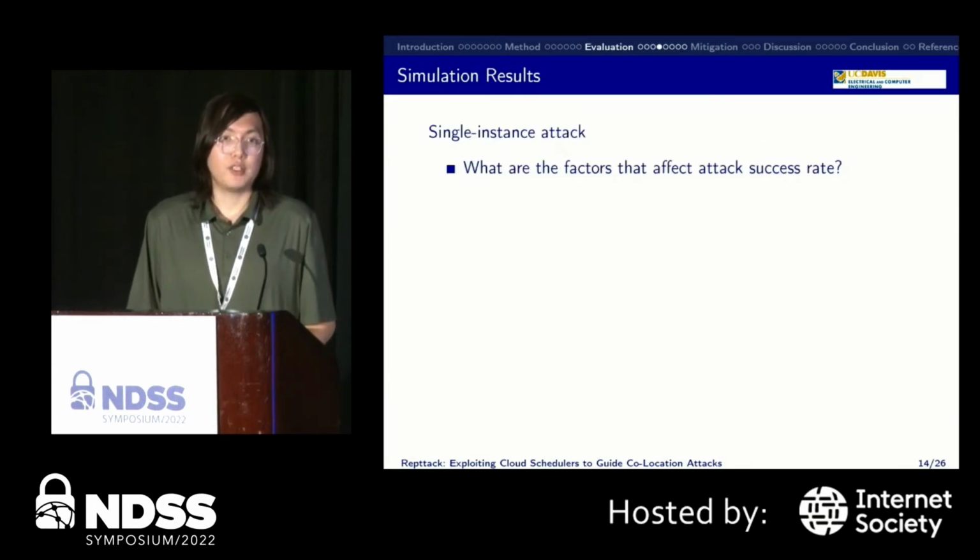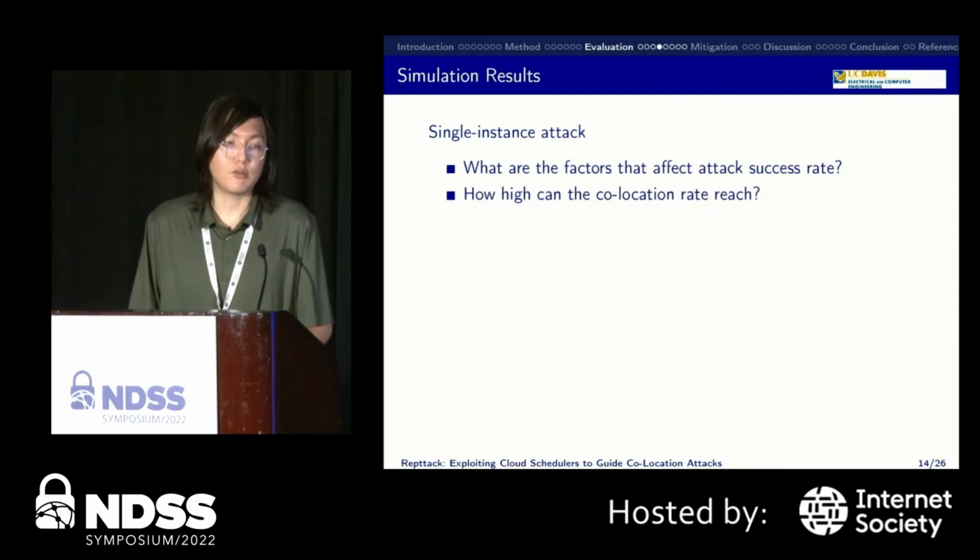So we first show our simulation results, and we show a single instance attack. With this attack, we want to answer two questions. What are the factors that may affect attack success rate? And the second one is, how high can the collocation rate reach?